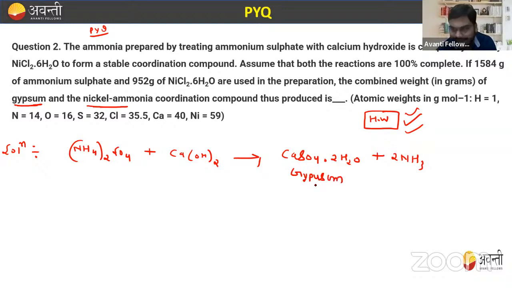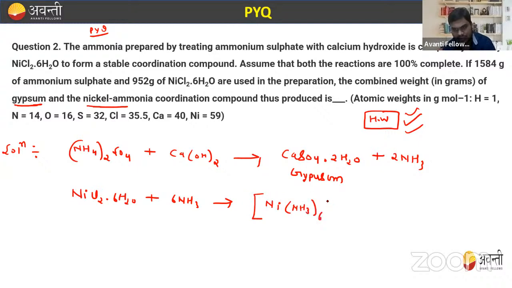Now, in the next step, NiCl2.6H2O reacts with 6NH3, right? It gives us the Ni complex, [Ni(NH3)6]Cl2, and this is nothing but 6H2O.